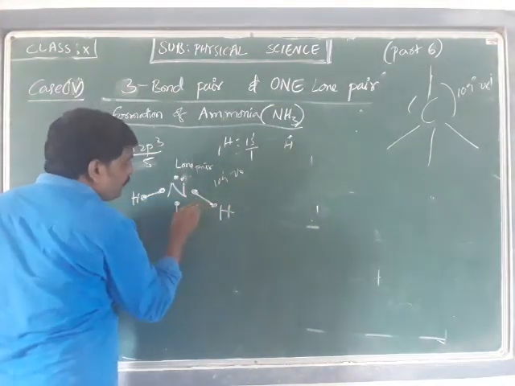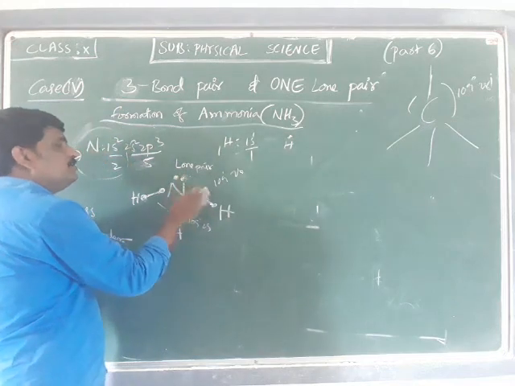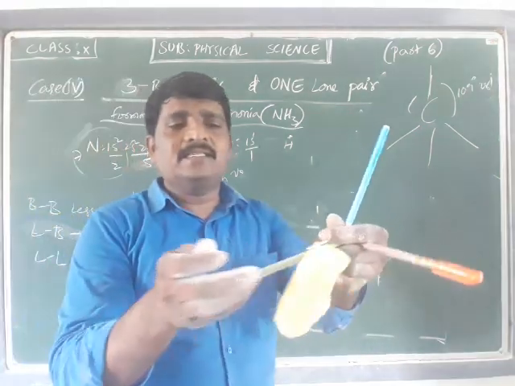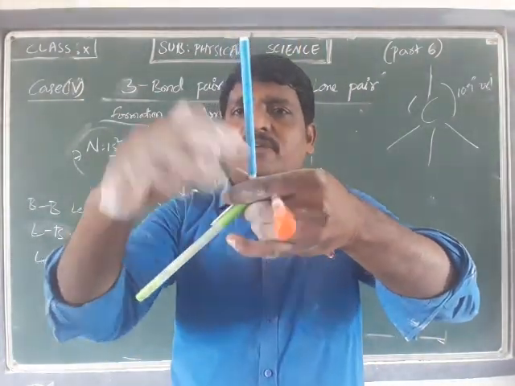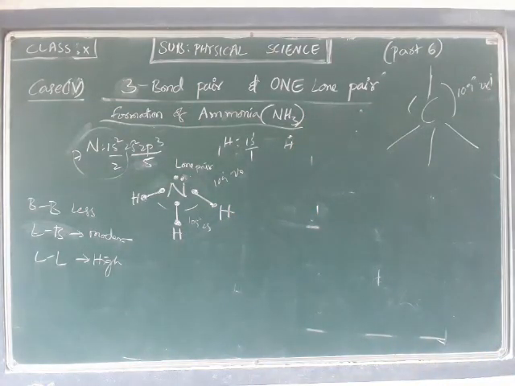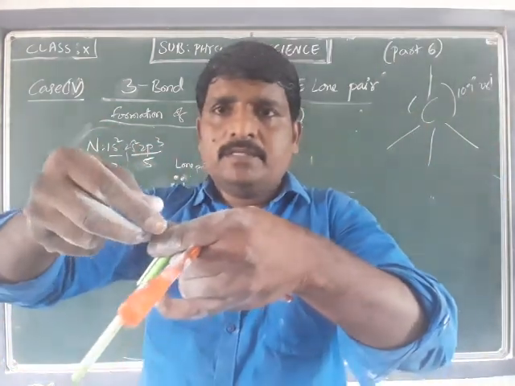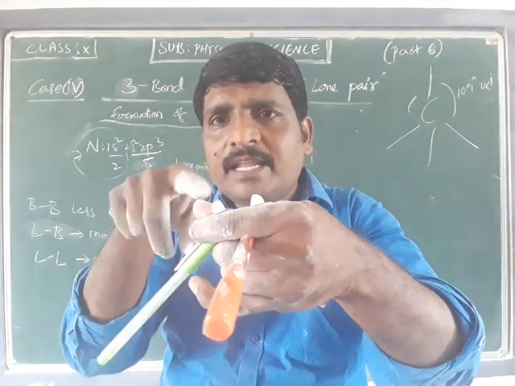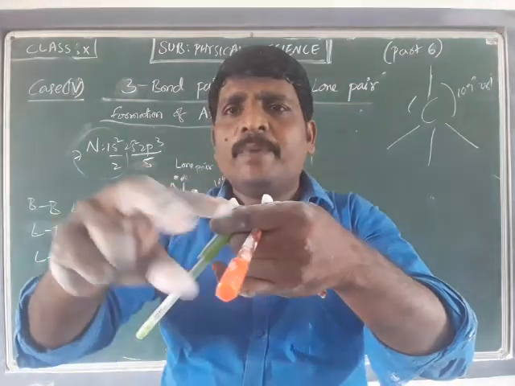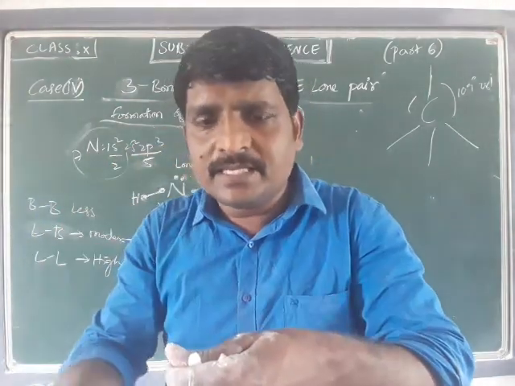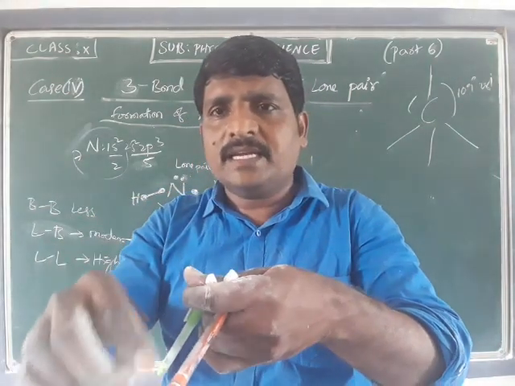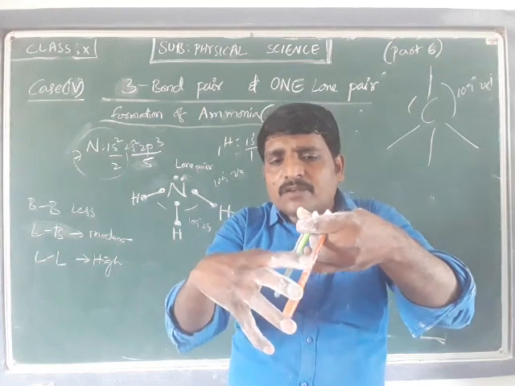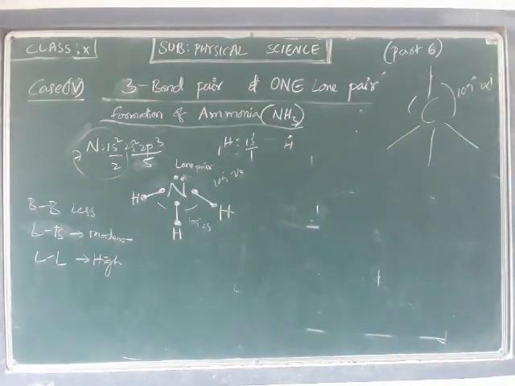So instead of attaining 109 degrees 28 minutes, due to the repulsion exerted by the lone pair electrons on the bond pairs, the bond angle comes down somewhat, the bonds come closer, and it attains 107 degrees.